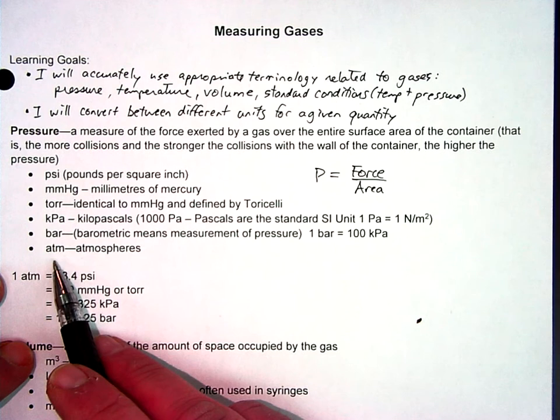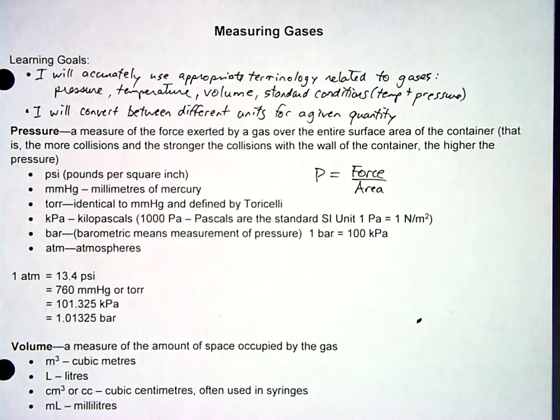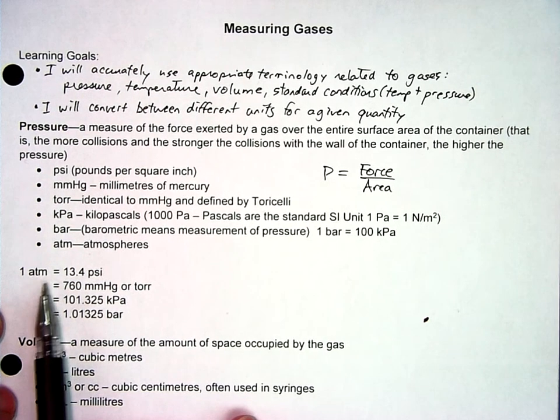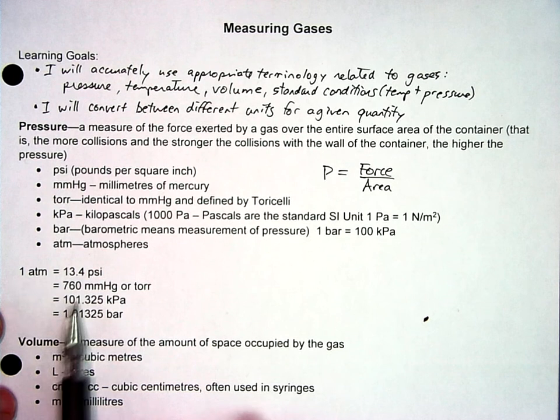Finally, another unit is the atmosphere. One atmosphere is the pressure found at 0 degrees Celsius and at sea level, and that is defined as 1 atmosphere. So these are different units that we can convert between, all in terms of the number of atmospheres.